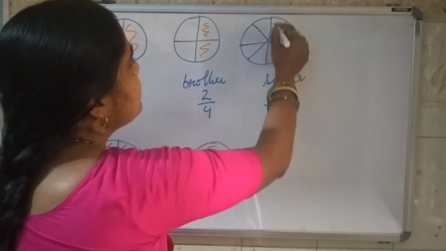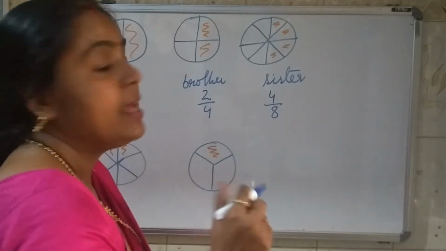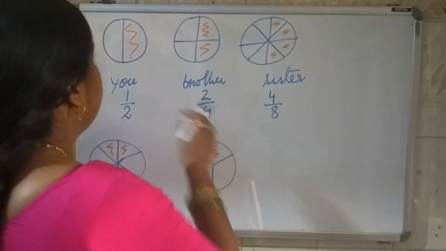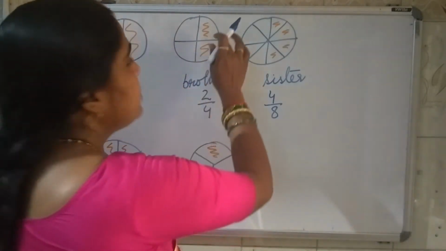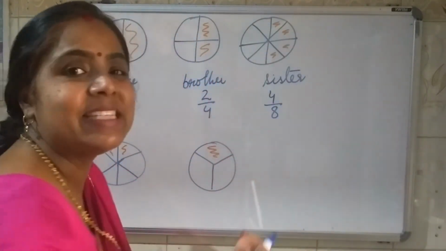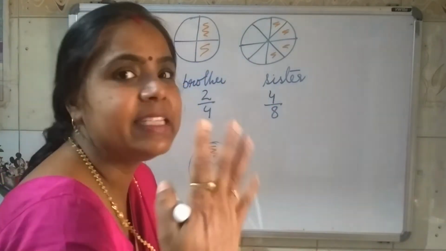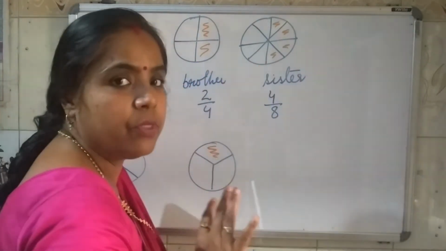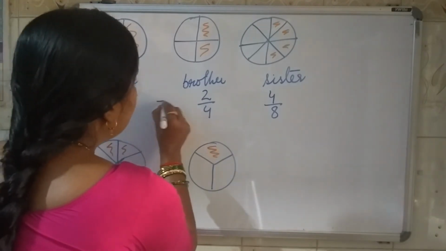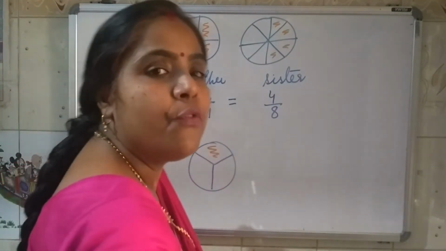Either you can take this part or this part or this part. But the number of pieces is more. In this one you got only 1 piece, in this one you got 2 pieces, in this one you got 4 pieces. So the number of pieces is more, but the size or the value or the quantity is the same in all 3. Now it means this 1/2 is equal to 2/4 and this 2/4 is equal to 4/8.